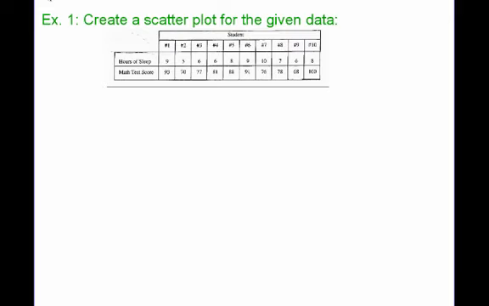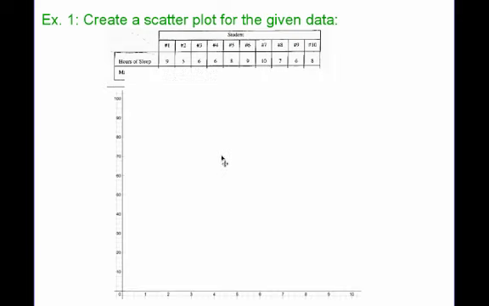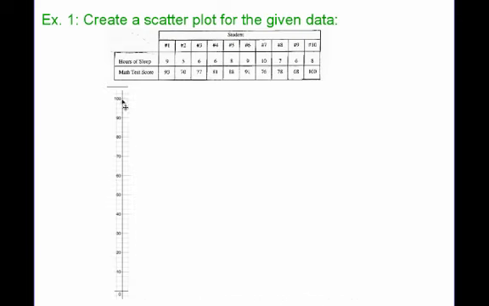So here's example 1. It says create a scatter plot for the given data. So we have the number of hours of sleep that a student gets and their score on the test. So my first step is I want to set up my x and y axes. All right? So what I'm going to say is my y-axis over here, that's going to be their test score.